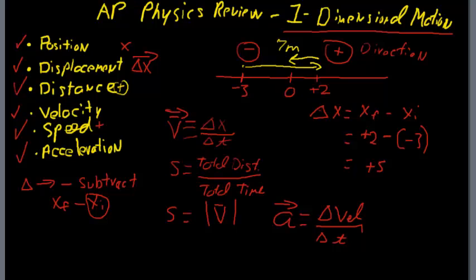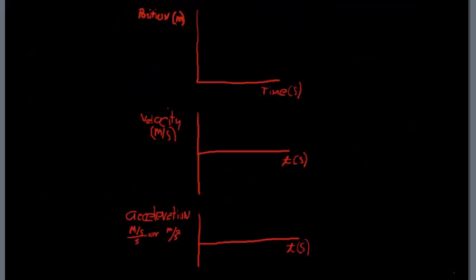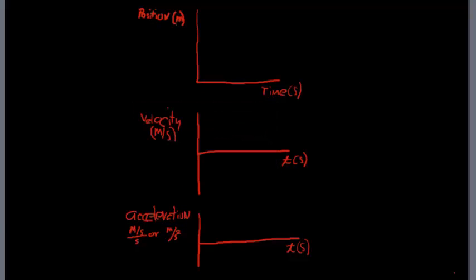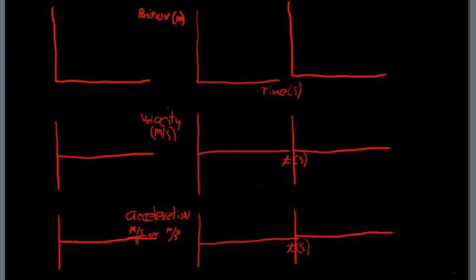Okay, let me get rid of this layer and let me go to this one. So what would these look like if they were graphed? I'm going to assume for all of these examples that we're going to move at constant velocity. We're not going to change velocity, so the acceleration here will probably end up being 0.